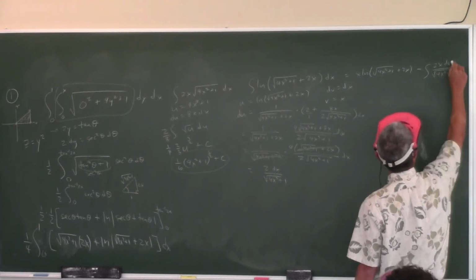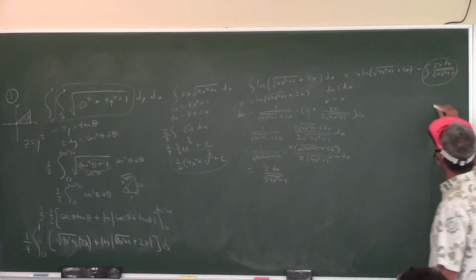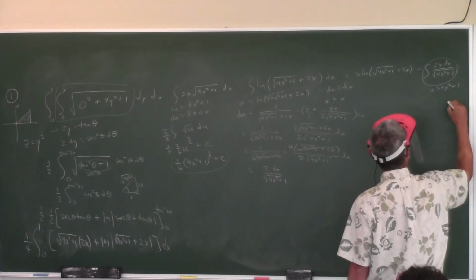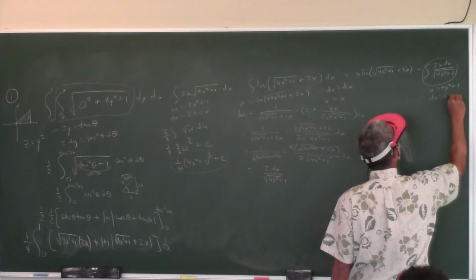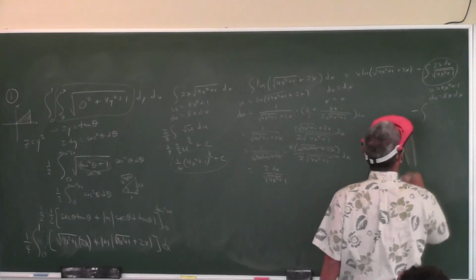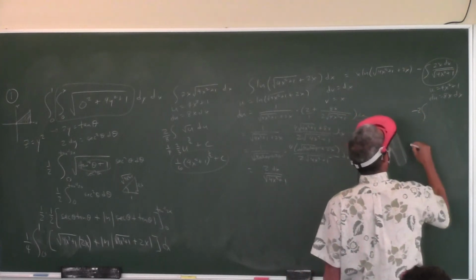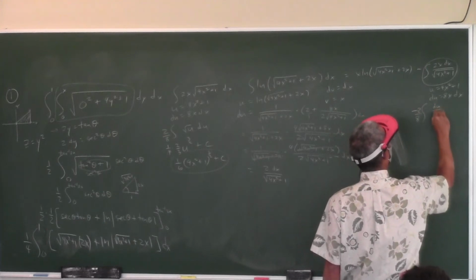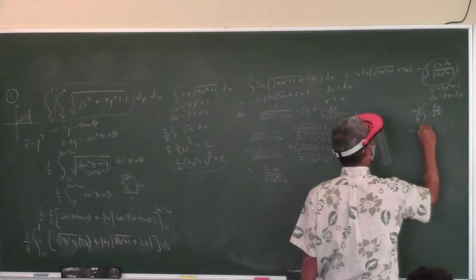And then how do I do this integral? U substitution. Let u equal 4x squared plus 1, du equals 8x dx. So that's minus the integral, let's put the 2 on the outside, 8 du over root u. Is that right? So negative 1/4.